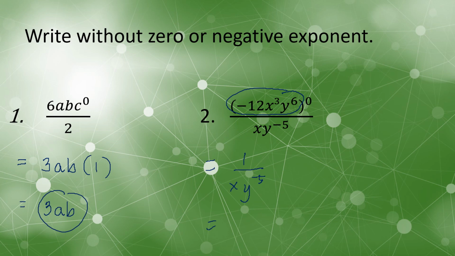To get rid of the negative exponent in the denominator, we will put y in the numerator to make the exponent positive. So it becomes y raised to the 5th power over x.